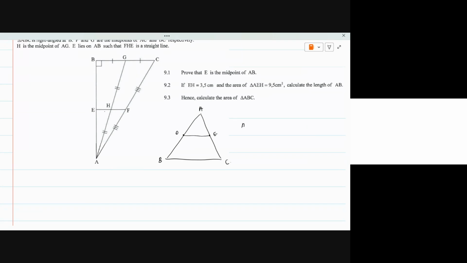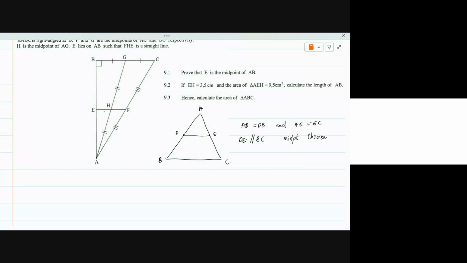First, we know that AD is equal to DB and AE is equal to EC because they're midpoints, right? But we also then know that DE will then have to be parallel to BC. That's the midpoint theorem.